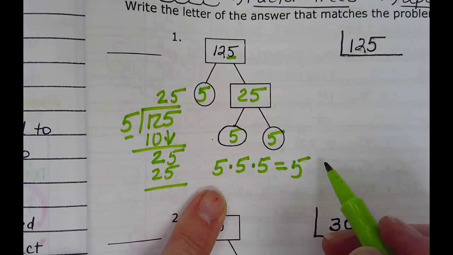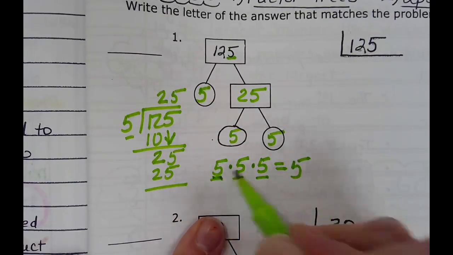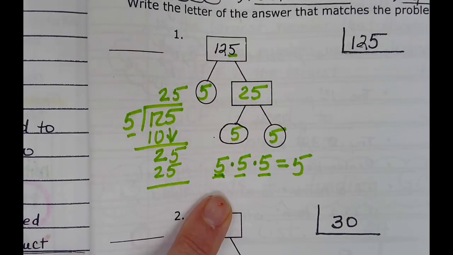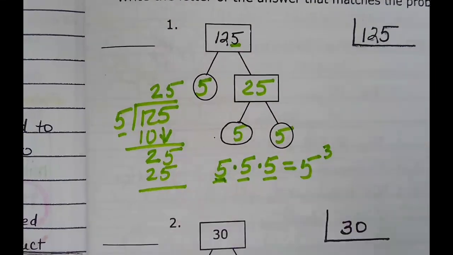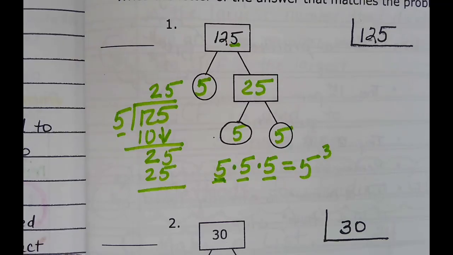What is my exponent? How many 5s are there? Count them. 3. So that's your exponent. It's 5 to the 3rd power. This is not difficult if you can count.